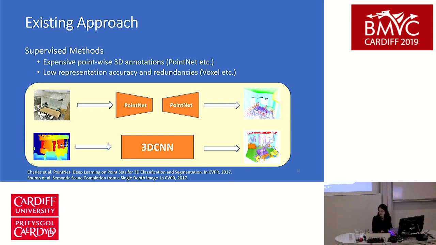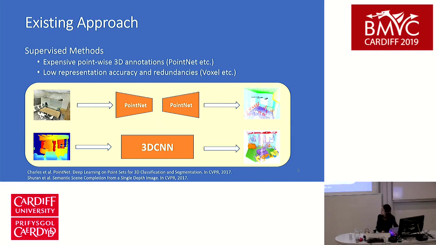We directly output the segmentation result. And the second method is to first voxelize the 3D point cloud, and via a 3D CNN we get the voxelized segmentation result.